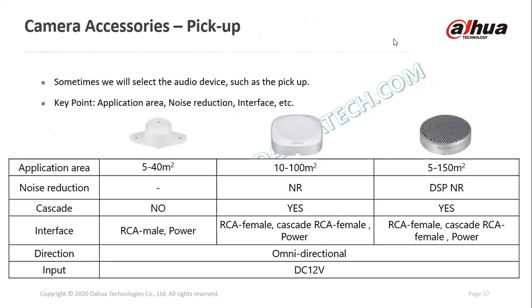So the pickup structure you can see here in this image that we talked about earlier. So this is the pickup. So different types of pickups. Sometimes you might want to get audio from a specific point, so I can use a pickup. Maybe installation like offices, it's a good installation using pickups.